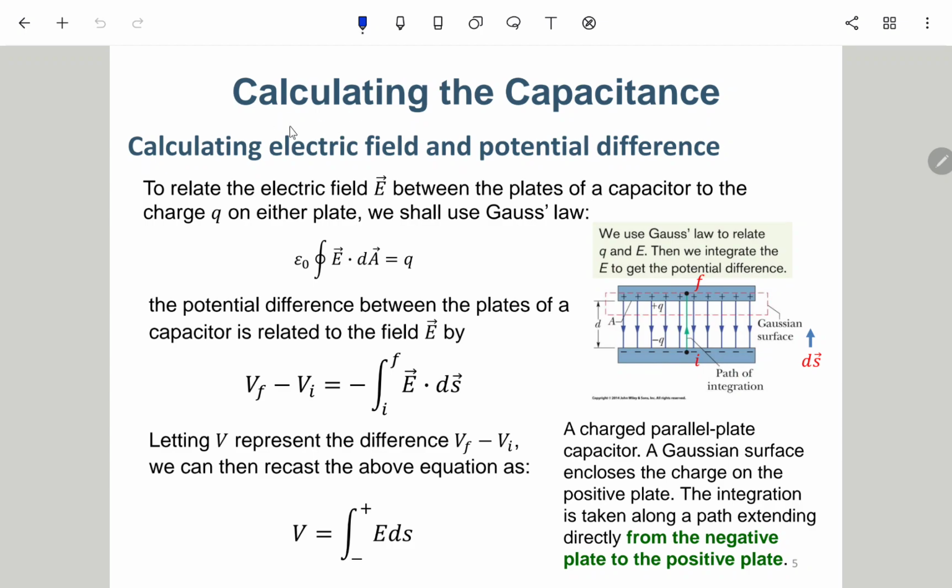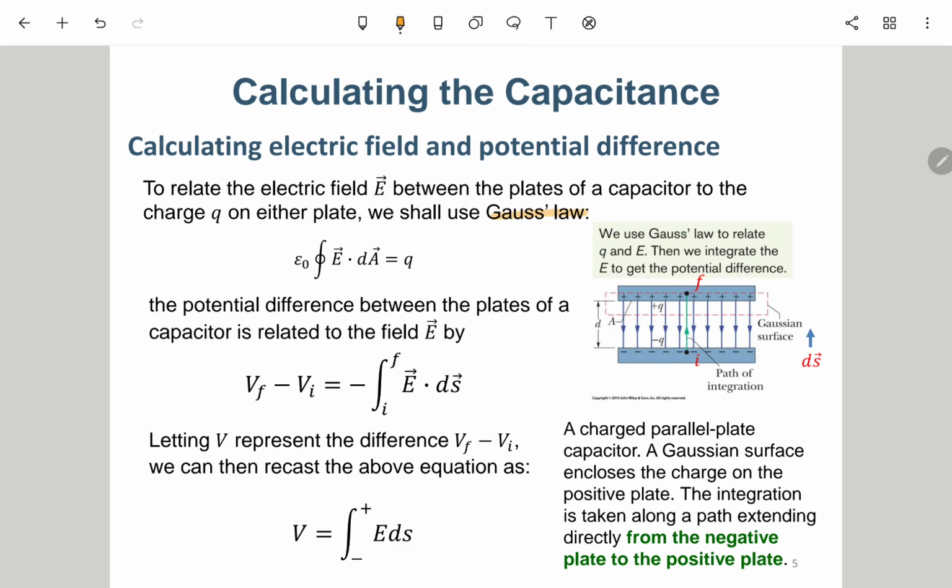So here we try to calculate the E field generated by the parallel plate capacitor. And here it says that to relate the E field between the plates of a capacitor to the charge Q on either plate, we shall use Gauss's law.